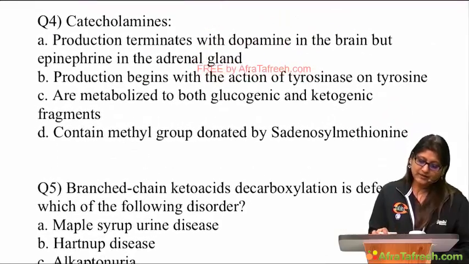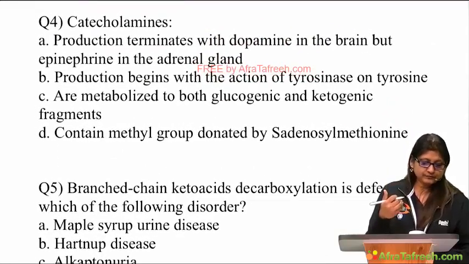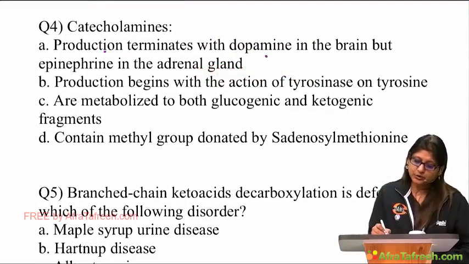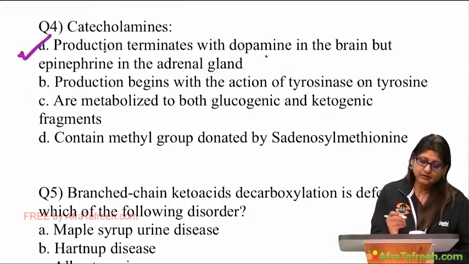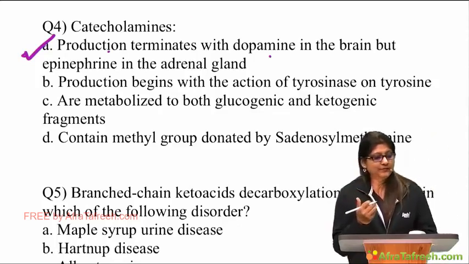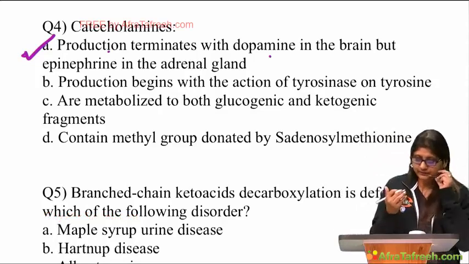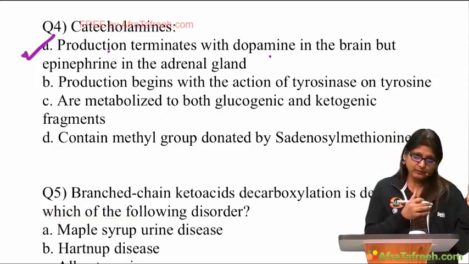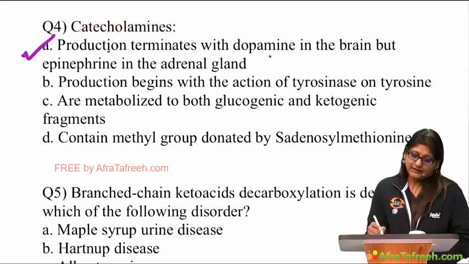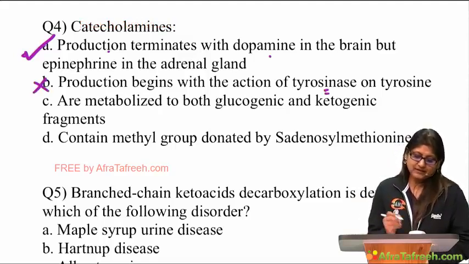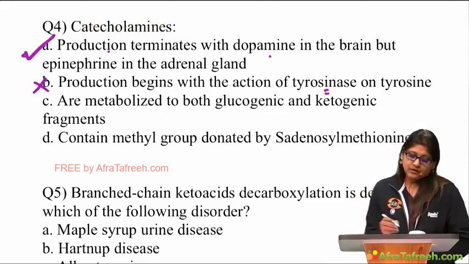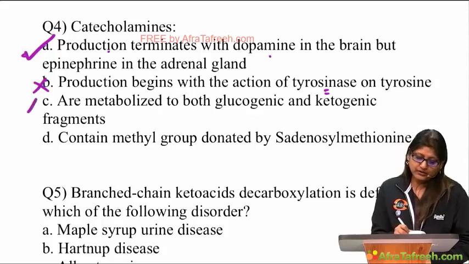Now, regarding catecholamines, which are produced from tyrosine, what is the answer? Production terminates with dopamine in the brain but epinephrine in the adrenal glands. This is very true, because catecholamines show organ-specific termination. The brain will have dopamine, and adrenal cells will have epinephrine in the same pathway. Tyrosinase is not the initial enzyme; rather, tyrosine hydroxylase is the initial enzyme for making catecholamines. Another option says they are metabolized to both gluco and ketogenic compounds. This is wrong.